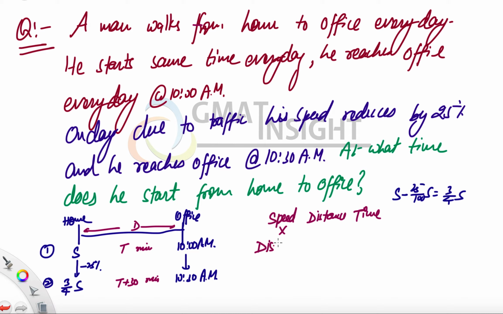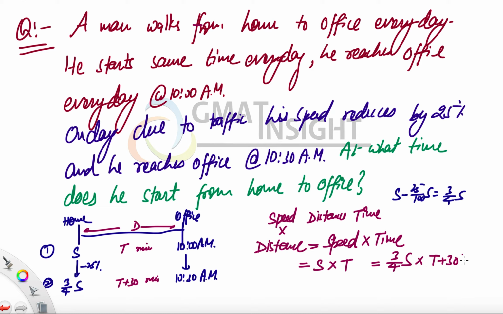Now we understand that distance can be calculated by the speed multiplied by time, right? So here the speed in the first case we have assumed is s, and the time in the first case is t. In the second case, the speed reduces to 3/4 of s and the time taken becomes t plus 30.